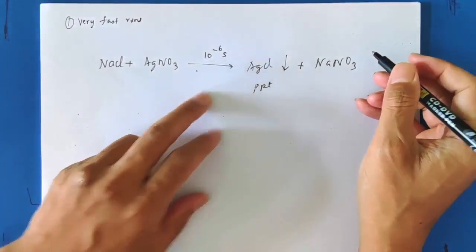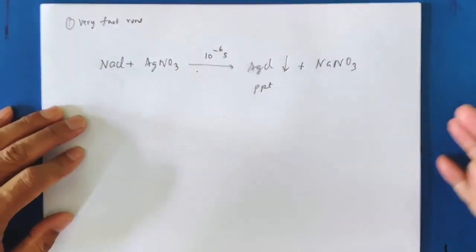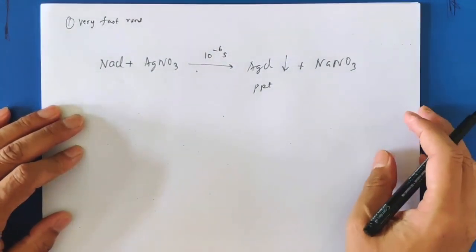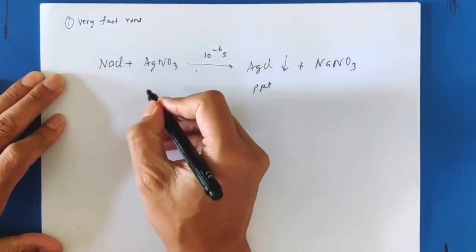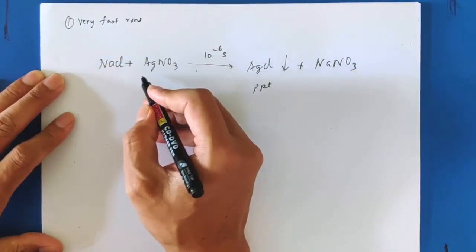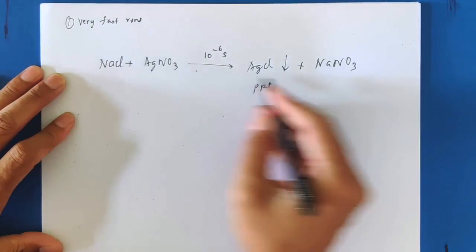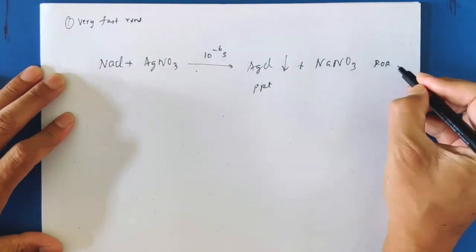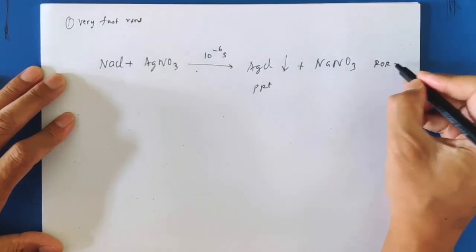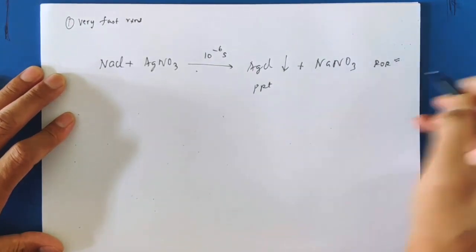So this is one example of very fast reactions. You cannot calculate the rate of reactions for this, it is very fast.